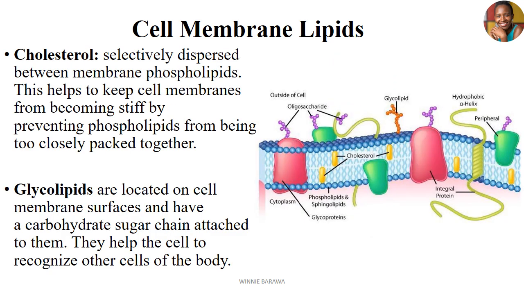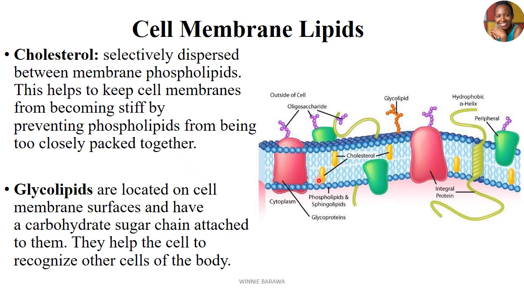So moving on, more on the lipids. Other lipids that we have on the cell membrane are the cholesterols, and we are told the cholesterols are selectively dispersed between the membrane phospholipids. The main aspect of this is to help keep the cell membrane from becoming stiff and to prevent the phospholipids from closely packing together.